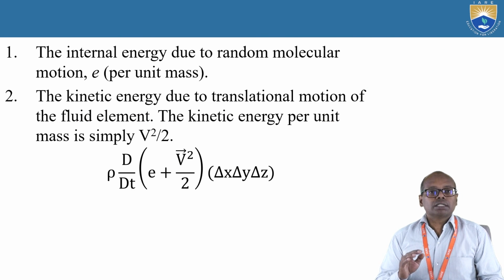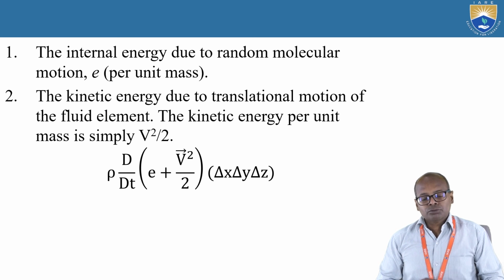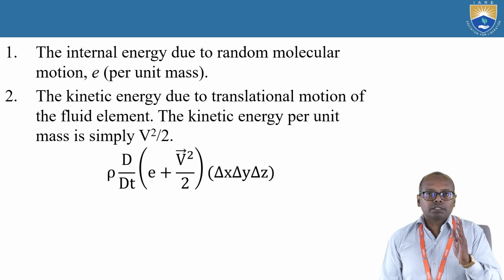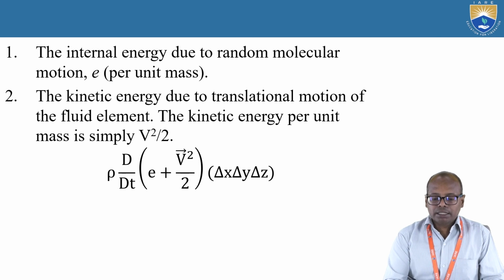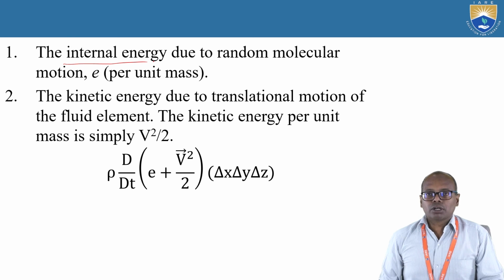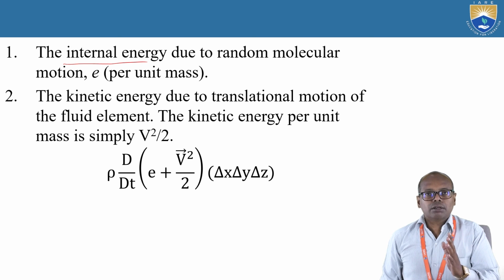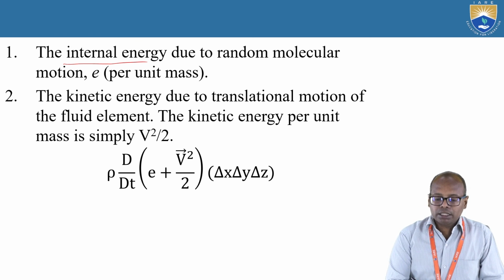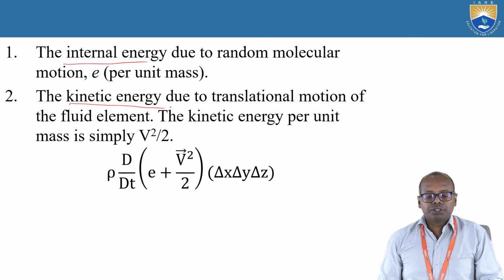Now, what is the total change in energy of the element? The energy of the fluid element has two parts: the internal energy of the element and the kinetic energy of the element.